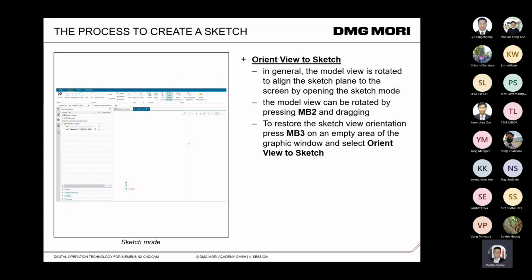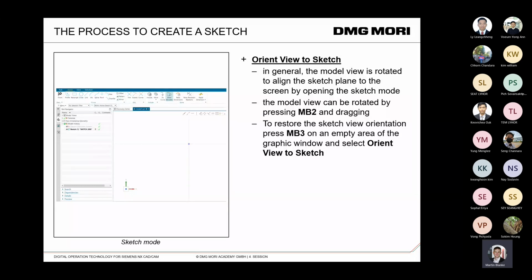The next point, as I already said, in Siemens NX, you have the possibility to work in different views, and some views are set automatically by Siemens NX. So in general, the model view is rotated to align the sketch plane to the screen by opening the sketch mode, as you can see on the left side.